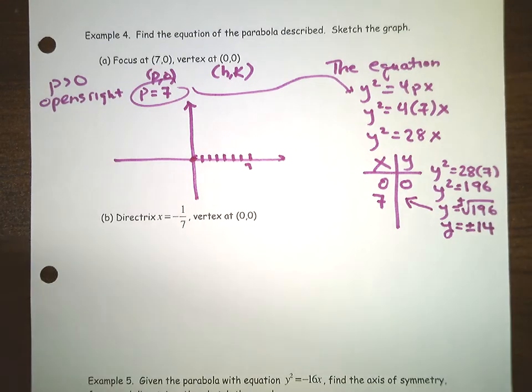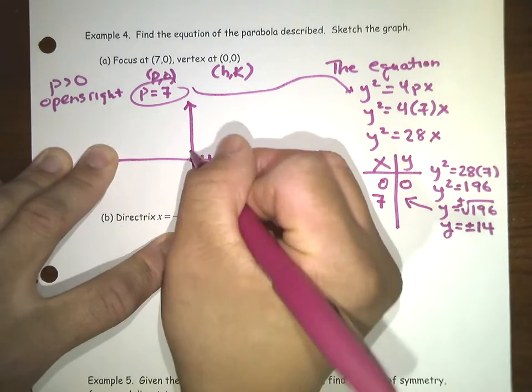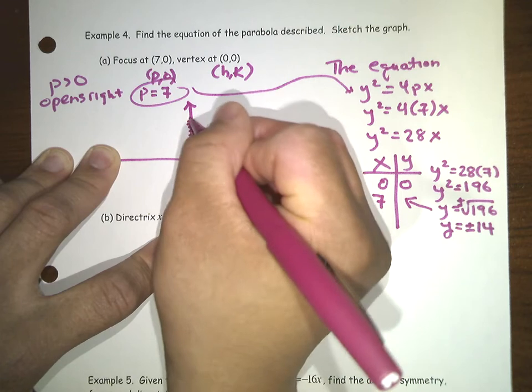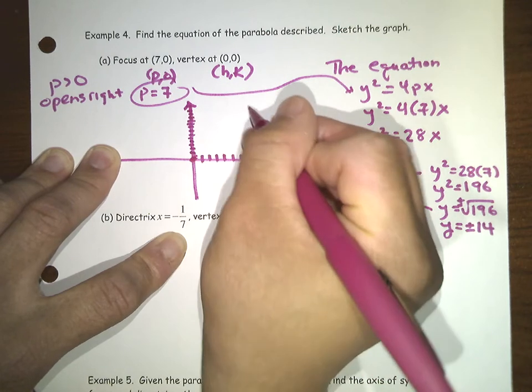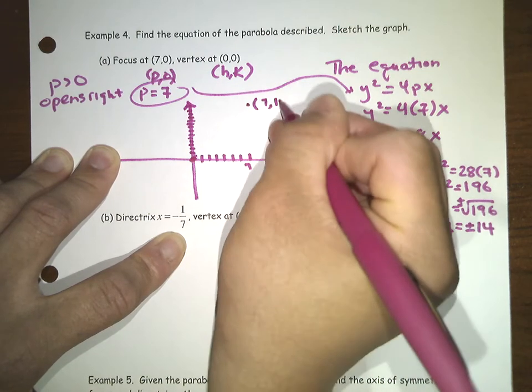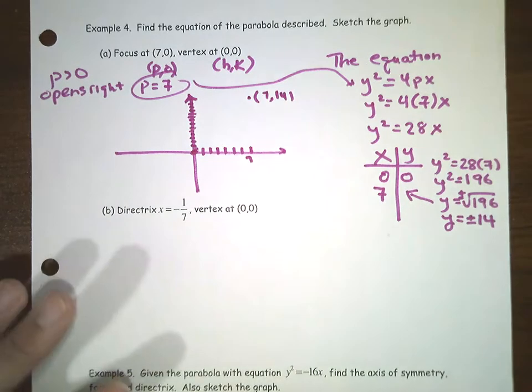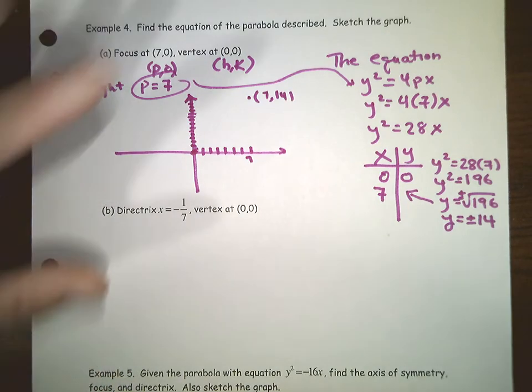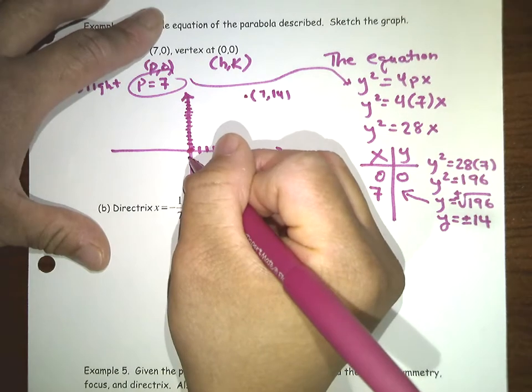It just so happened that this worked out for us, that this was a perfect square, the square root of 196. So here is 1, 2, 3, 4, 5, 6, 7, 8, 9, 10, 11, 12, 13, 14. So 7, 14, and again, this is symmetric, so we would have just been able to go down here and figure it out.